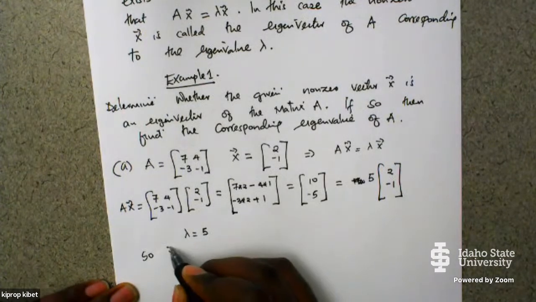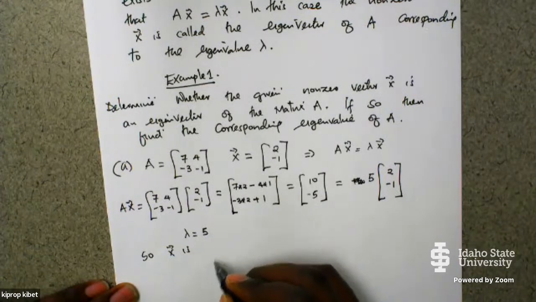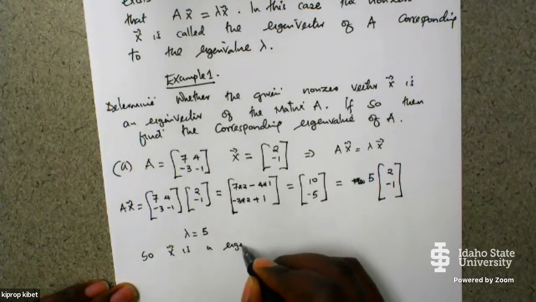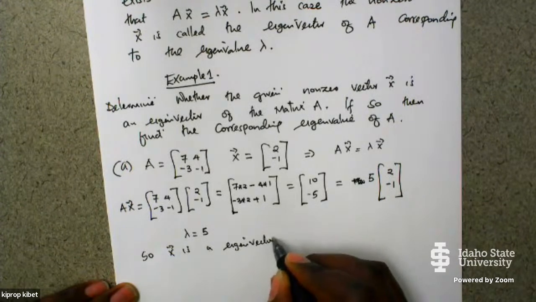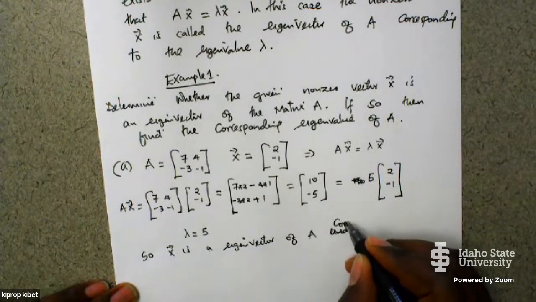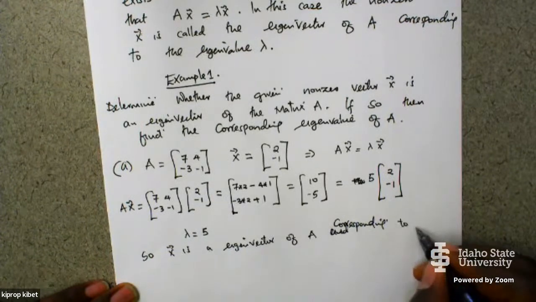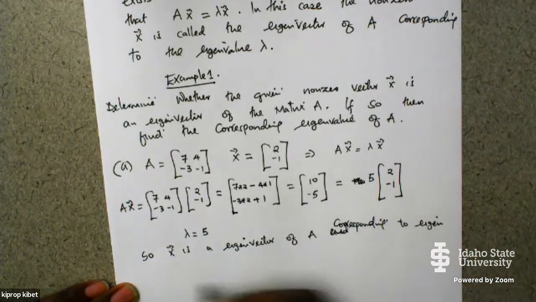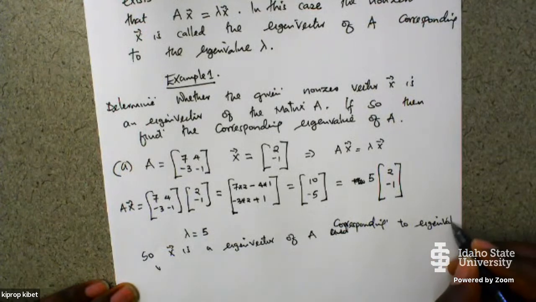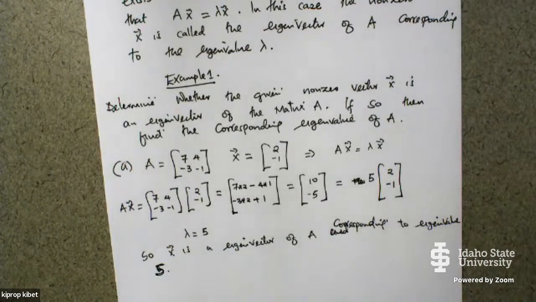So our x is an eigenvector of A corresponding to eigenvalue 5.